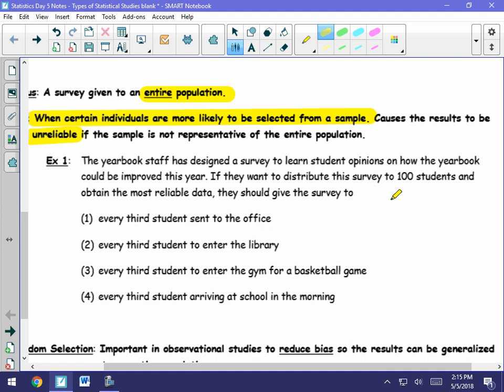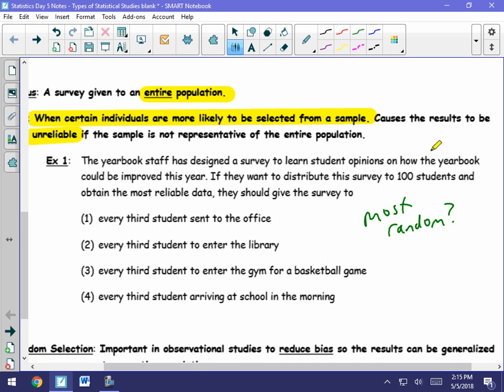If they want to distribute this survey to 100 students and obtain the most reliable data, they should give the survey to every third student sent to the office, every third student to enter the library, every third student to enter the gym for a basketball game, or every third student arriving at school in the morning. So when we are designing a survey like this, we want it to be as random as possible. We're looking for which one of these would give us the most random sample.